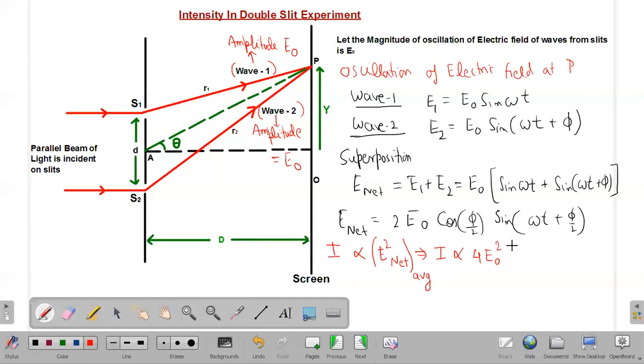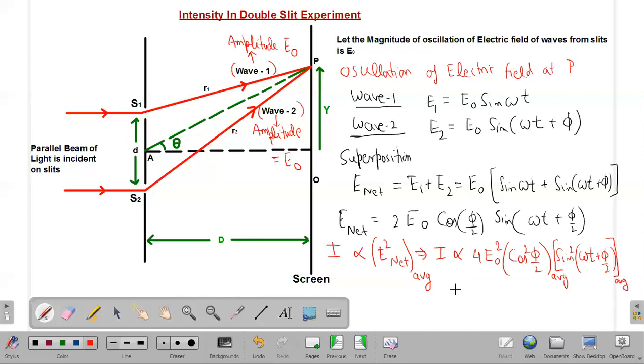So I is proportional to 4 E naught square cos square phi by 2, times the average value of sine square omega t plus phi by 2.